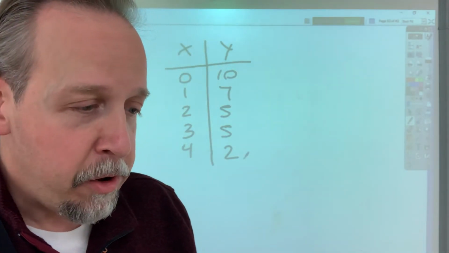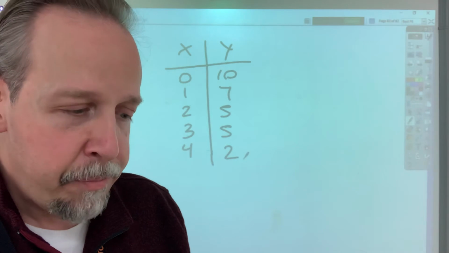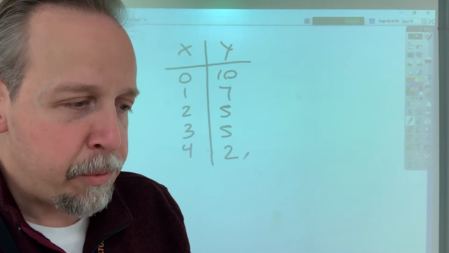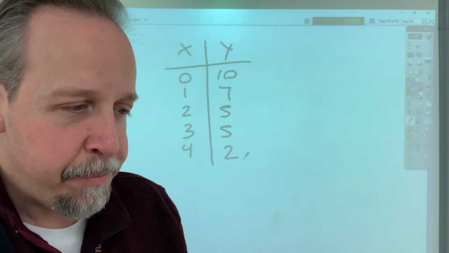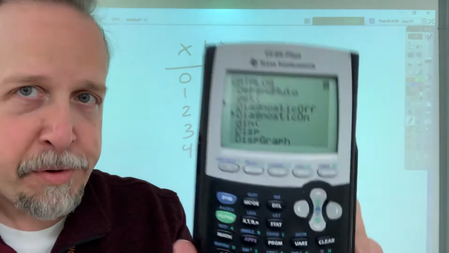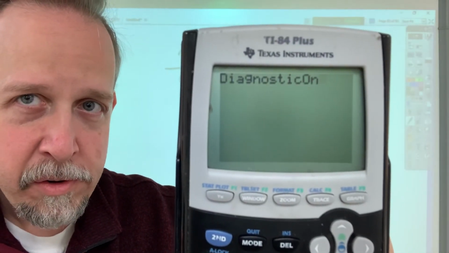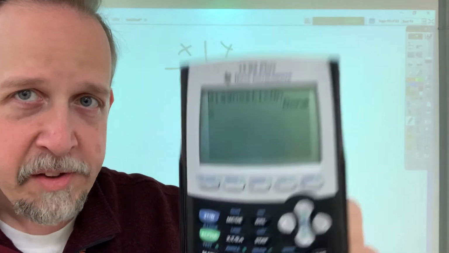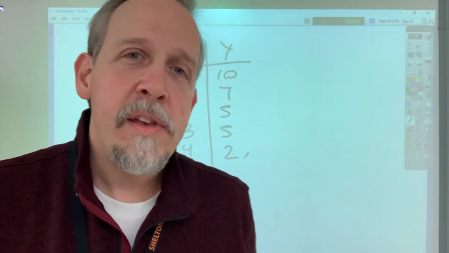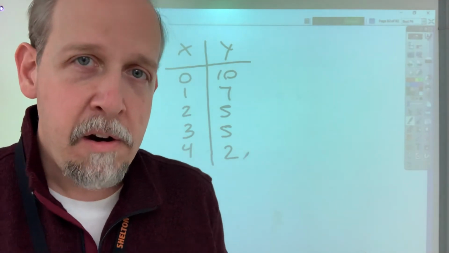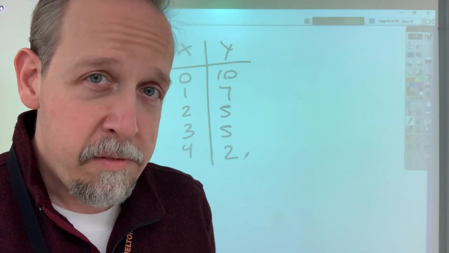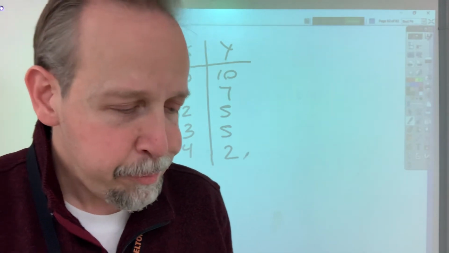So here's what I want you to do. Go to second 0 for the catalog and just scroll on down to where it says Diagnostic On. All right? So put your cursor next to Diagnostic On and you just hit Enter twice and it's on. What that does is it'll allow you to see the R and the R square value. We'll talk about R square in a moment.